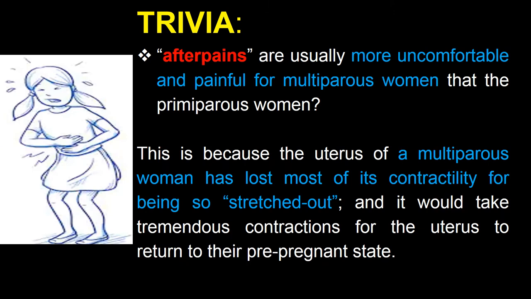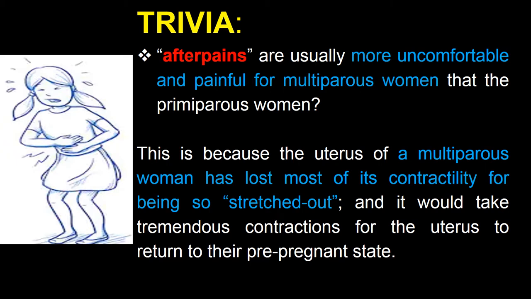Now, alam nyo ba na ang after pains are usually more uncomfortable for multiparous women compared to women who are primiparous? Bakit mas malala yung after pains or yung sakit na nararamdaman ng mga multiparous women compared sa mga primiparous women? It is because the uterus of the multiparous woman, since marami na silang anak, has already lost most of its contractility for being so stretched out.